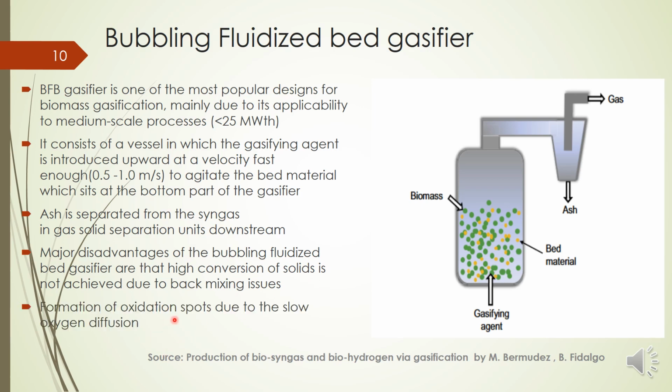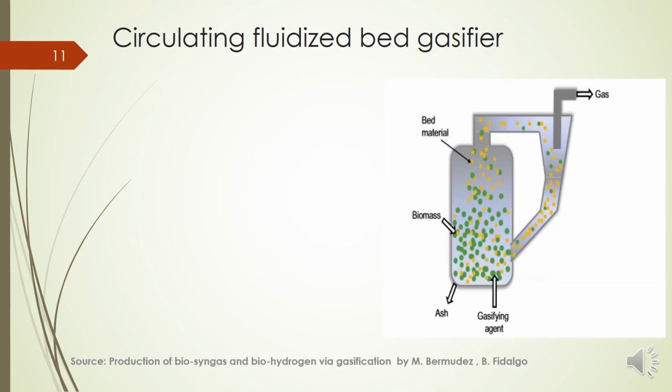And another thing is the oxidation spots due to slow oxygen diffusion, so some diffusion problem will be there. In order to reduce this problem, we have the circulating fluidized bed gasifier, that is an advanced version of this.